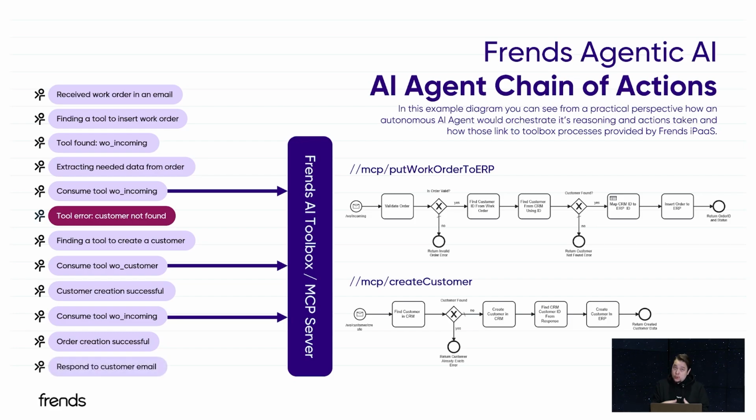And this is what true autonomy in an AI agent means: the AI agent is able to dynamically pick out the best way for it to interact with the system landscape available to it, enabled by MCP servers and iPaaS. It's able to adjust its plan of action, its reasoning along the way, and reach its end goal, which in this case was to create the order in the first place.